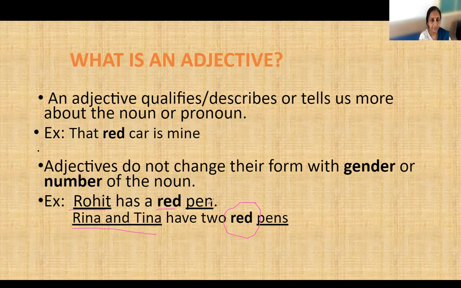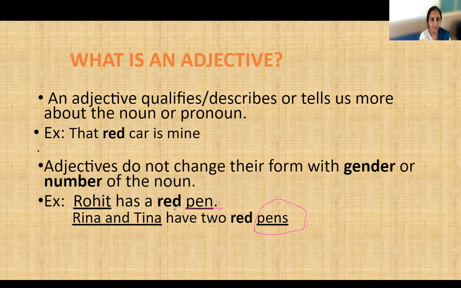Next, they have said that the gender doesn't change, neither does the number. By number, we mean whether your noun, in this case, pen. In the first sentence, Rohit has a red pen. It is singular. Whereas in the second sentence, Reena and Tina have two red pens. So this is in the plural form.